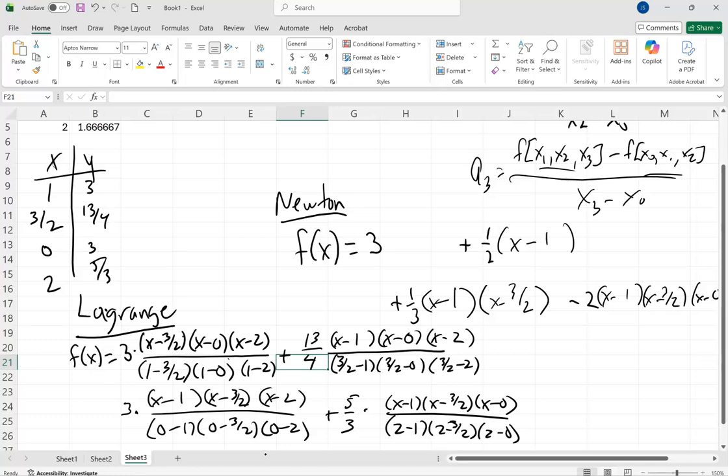Yeah? Okay. Let me plot these points on Desmos, and I'm going to type in both forms of the polynomial and show that they both go through those 4 points. Okay? So the first point was 1, 3. Second point was 3 halves, 13 fourths.